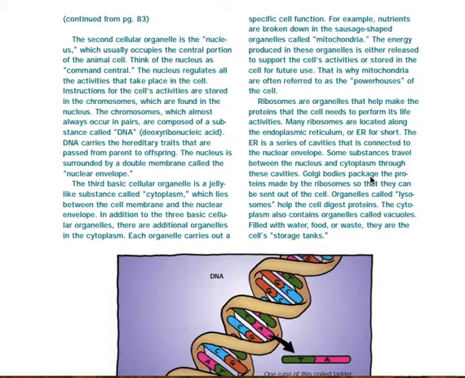Golgi bodies package the proteins made by the ribosomes so they can be sent out of the cell. Organelles called lysosomes help the cell digest proteins. The cytoplasm also contains organelles called vacuoles, filled with water, food, or waste. They are the cell's storage tanks.